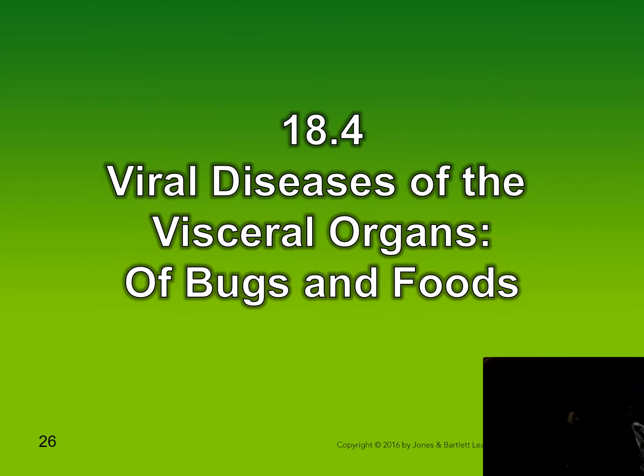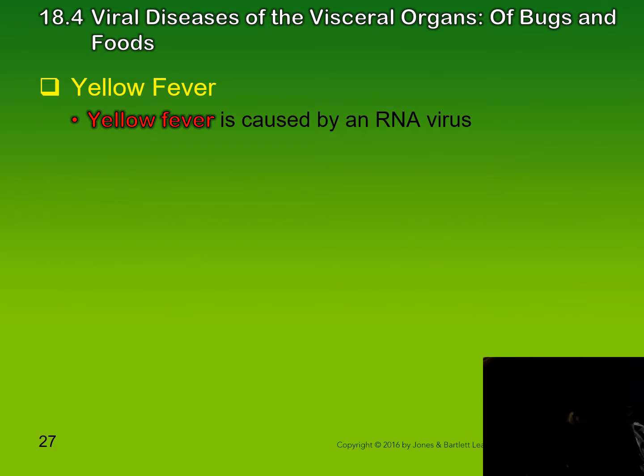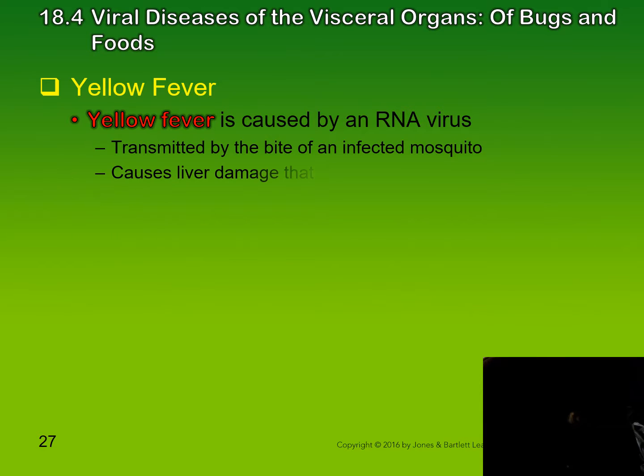Viral disease of visceral organs. Yellow fever is caused by still another RNA virus, and it's transmitted by the bite of an infected mosquito. It can cause liver damage, which leads to jaundice, a yellowing of the skin.